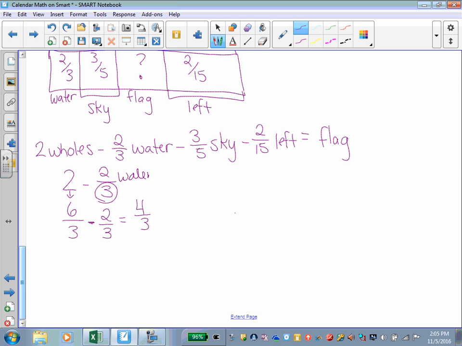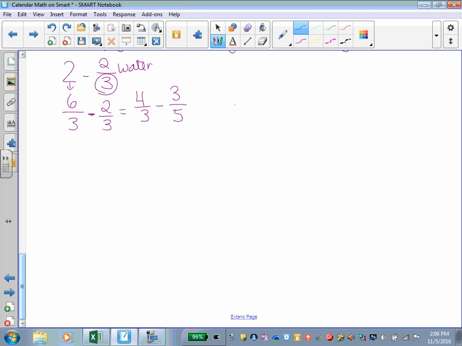This is the water. So after she used the amount for the water, she has 4/3 left. Now she uses 3/5 of that to paint the sky. I want you to get into the habit of finding the lowest common multiple.